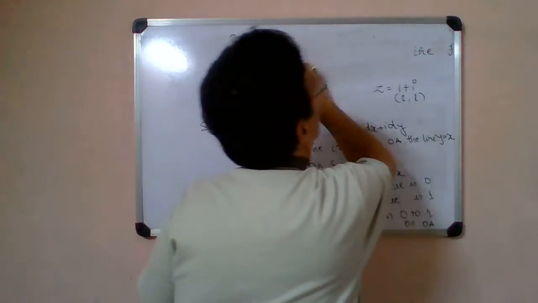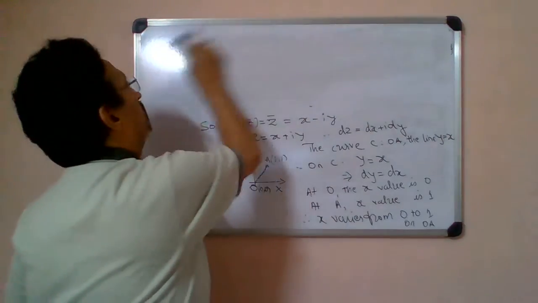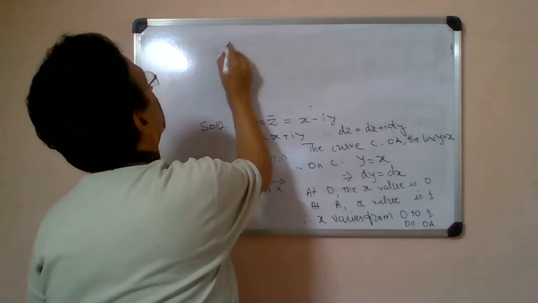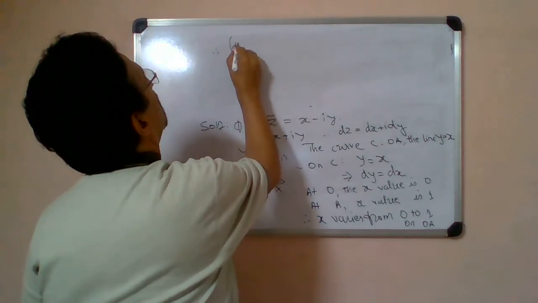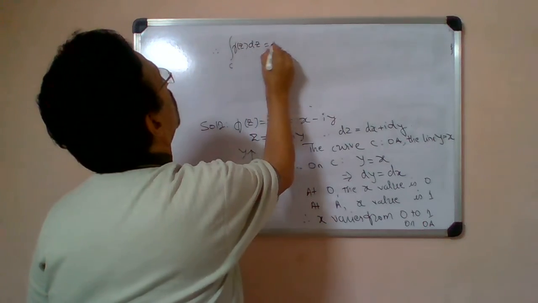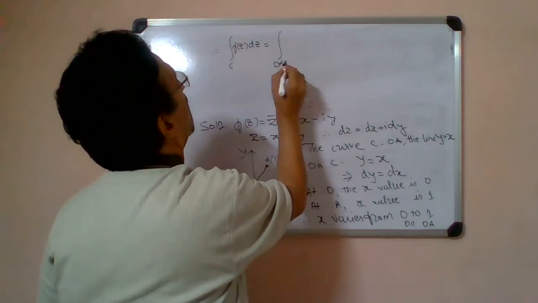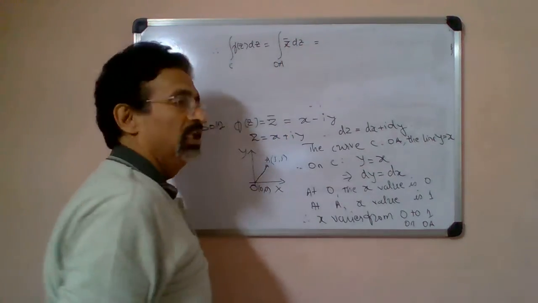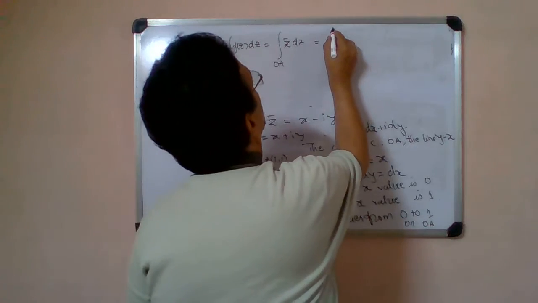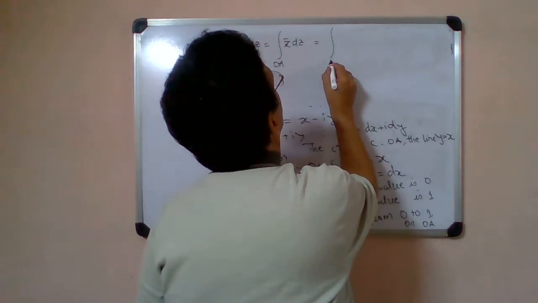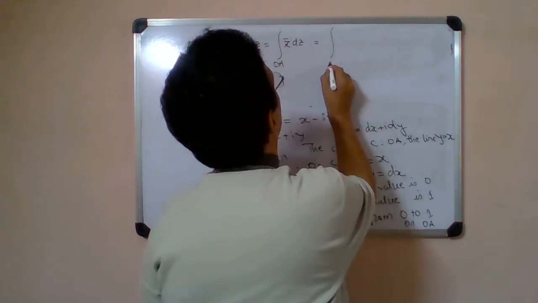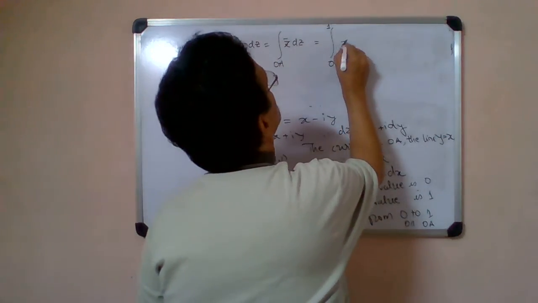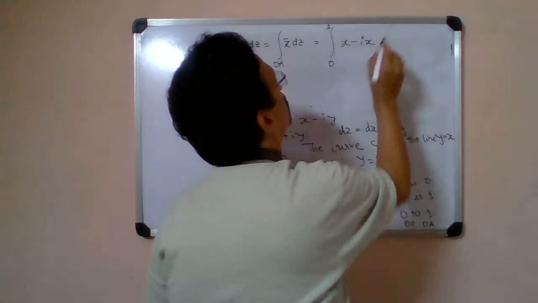Therefore, now my unknowns are evaluated, only I have to write the integral now. Therefore, the integral over C of f(z) dz will be equal to the integral over OA of z bar dz, that is nothing but the integral over OA, because x varies from 0 to 1, of x minus i times y.